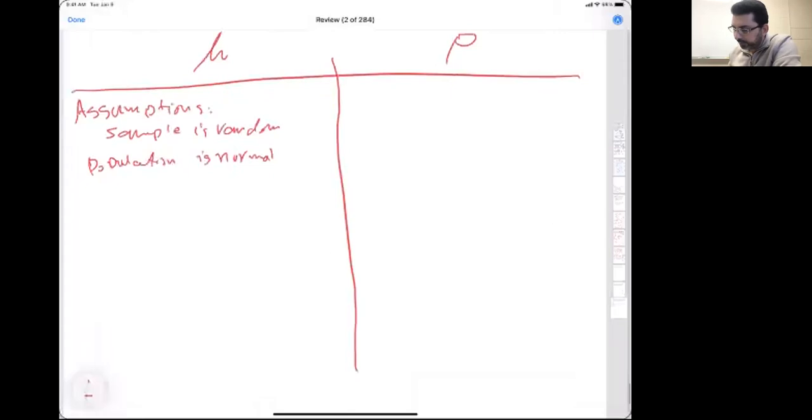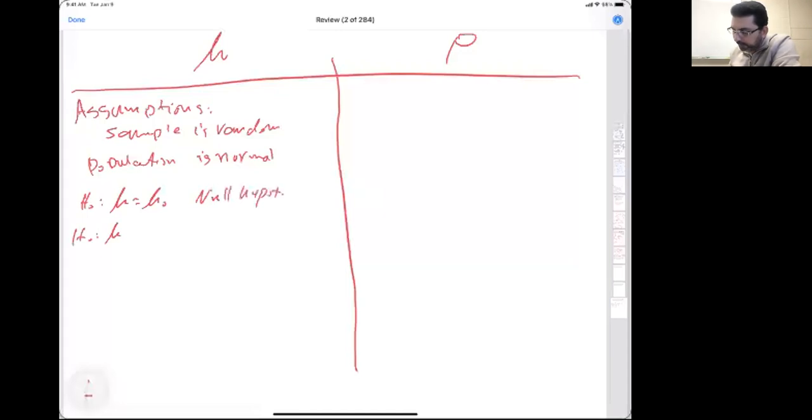Second thing, the null and the alternative hypotheses. If you remember, we have three cases. H naught: mu is equal to mu naught. Sorry, this is the null hypothesis.